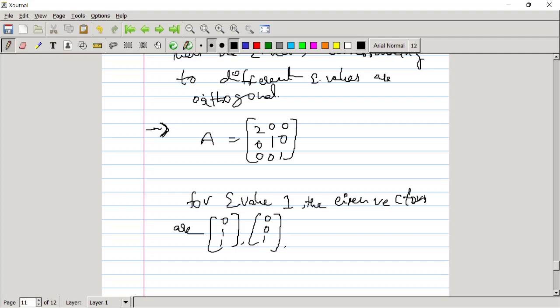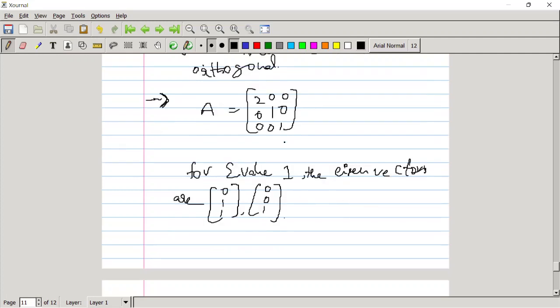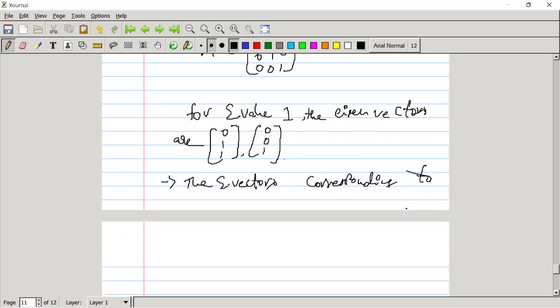These two are eigenvectors for the eigenvalue 1, but these two are not orthogonal. From this we can say the eigenvectors corresponding to the same eigenvalue need not be orthogonal.